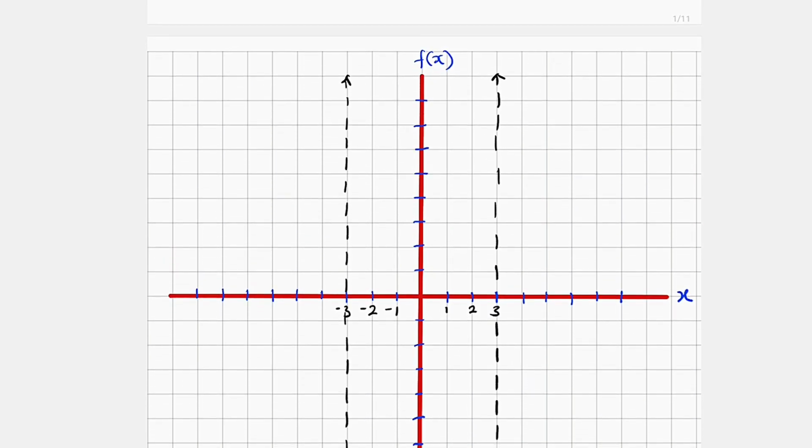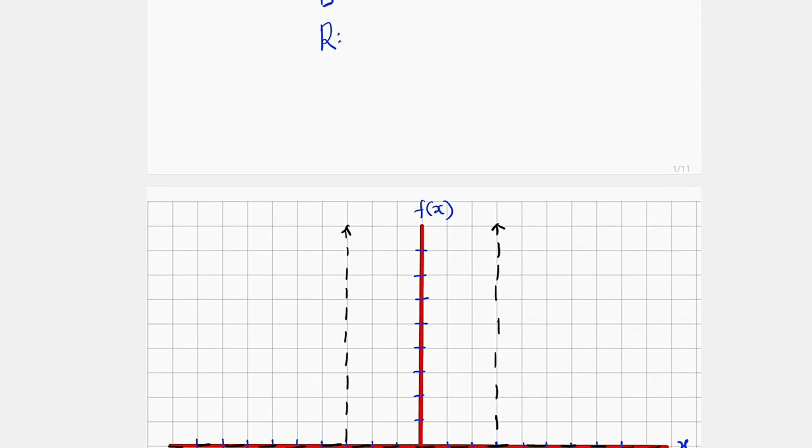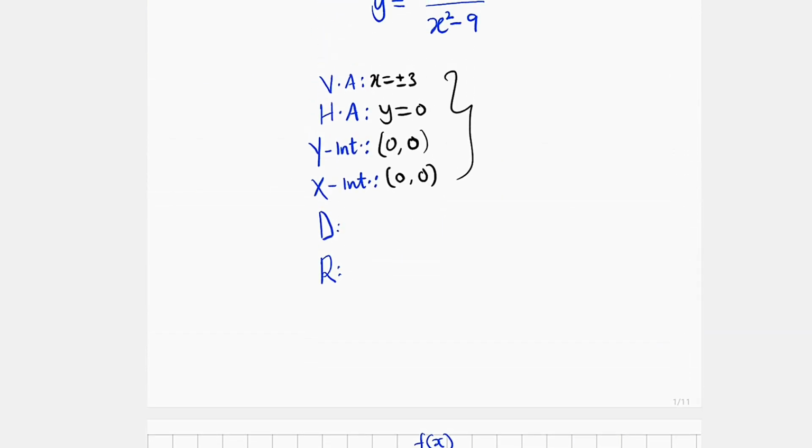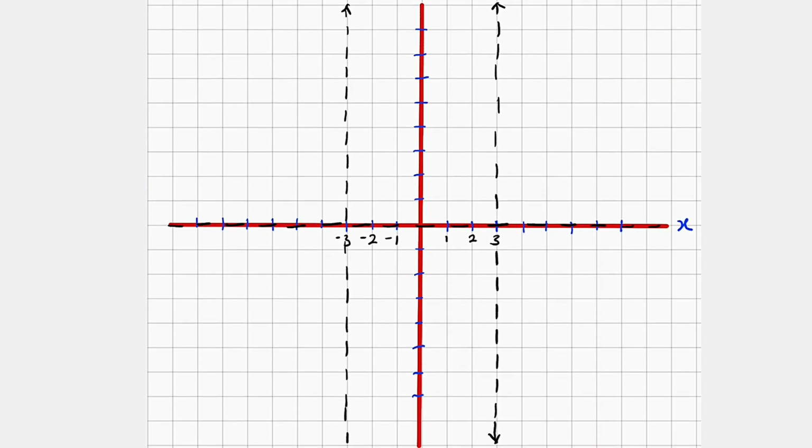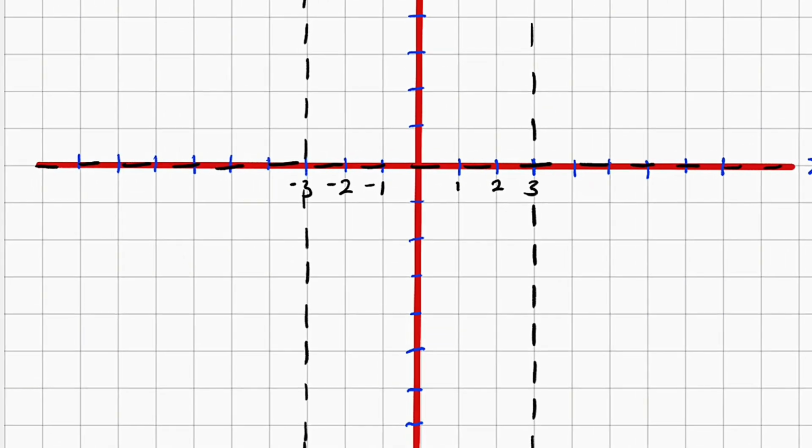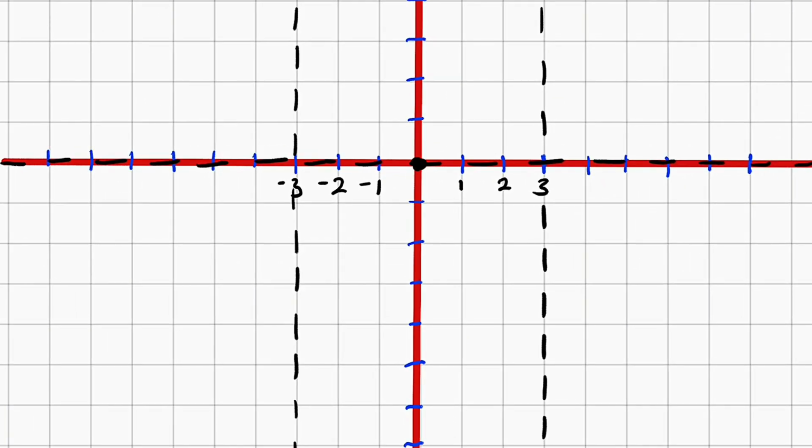And for the horizontal asymptote, remember it is at y equal to 0, exactly on the x-axis. Okay, this is all about asymptotes. Now let us start plugging our points. We have the x and y-intercept as 0, 0. So our first point will be exactly at the center here.